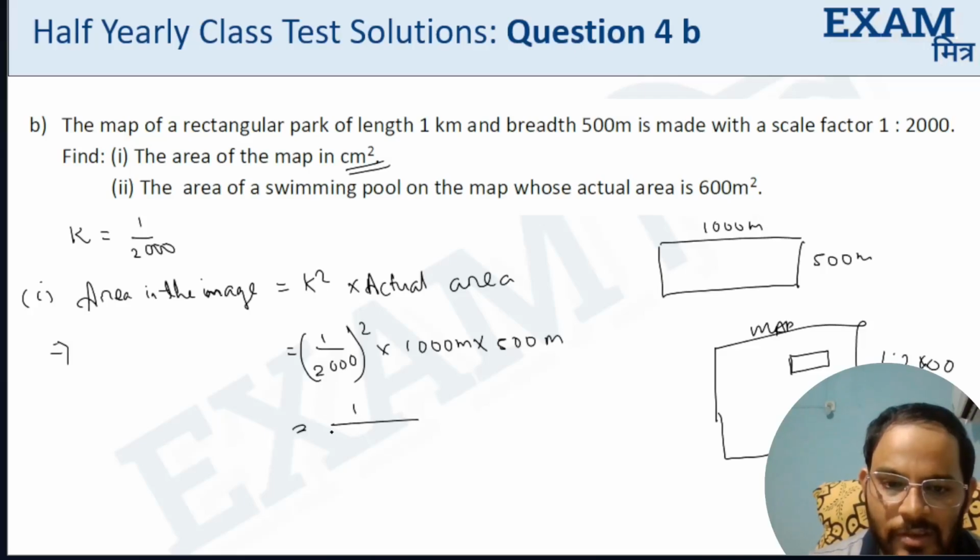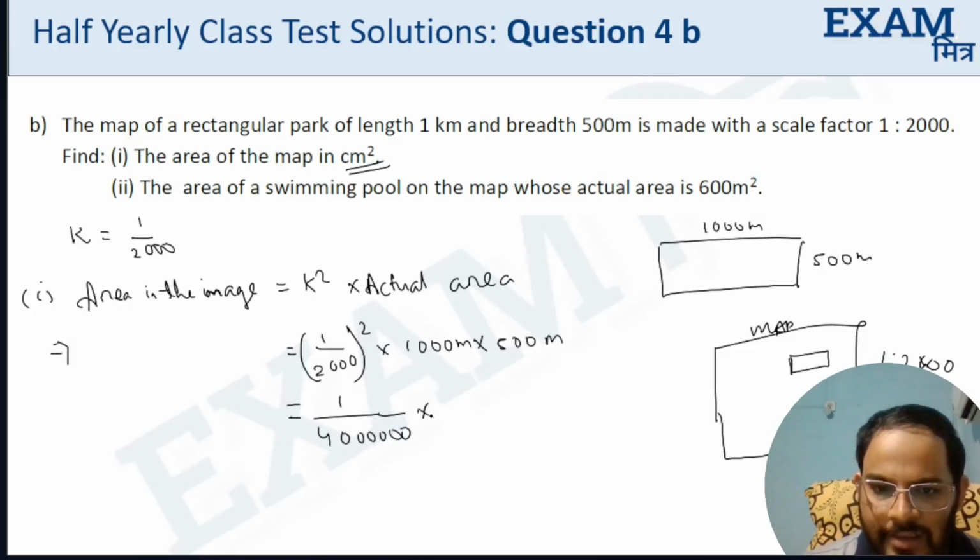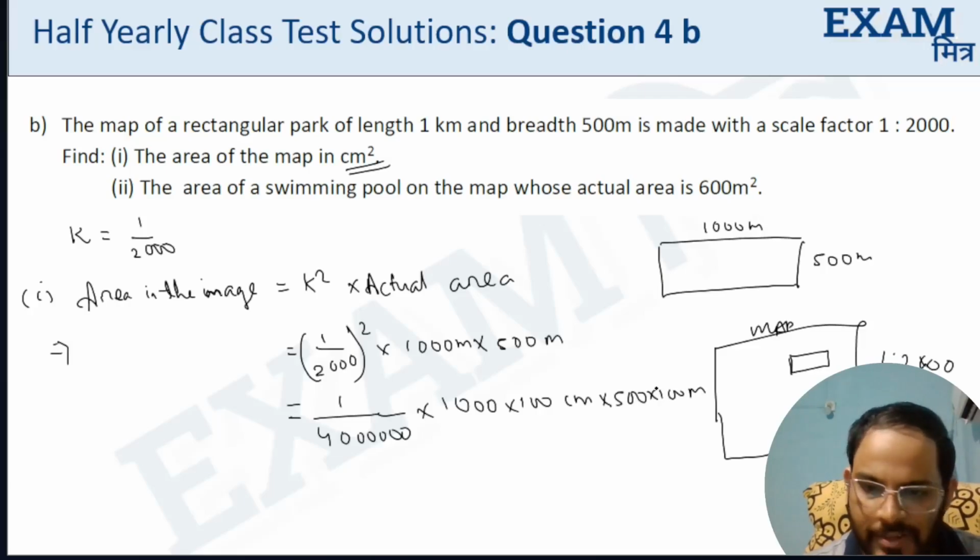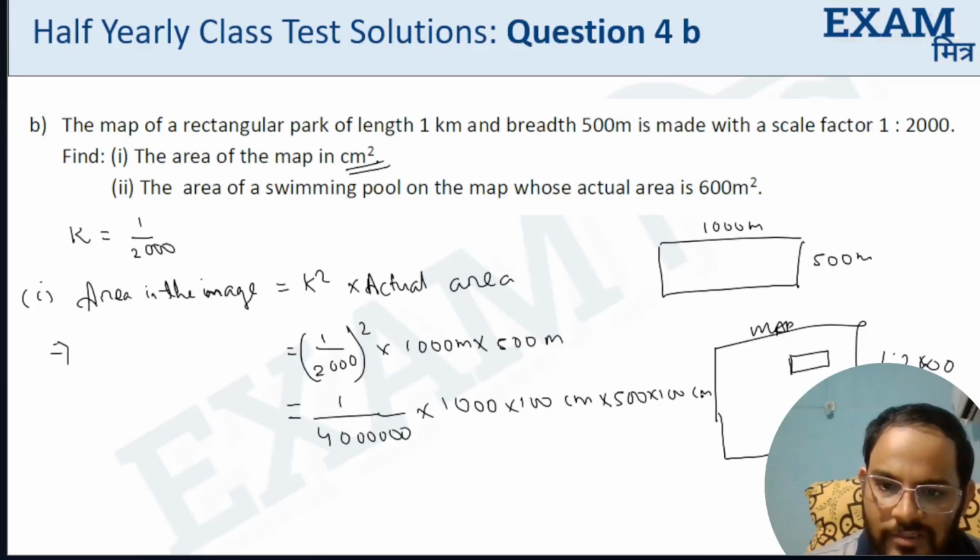So this becomes 1000 into 100 and 500 into 100, because we are converting meters into centimeters, since the question is asked in centimeters.